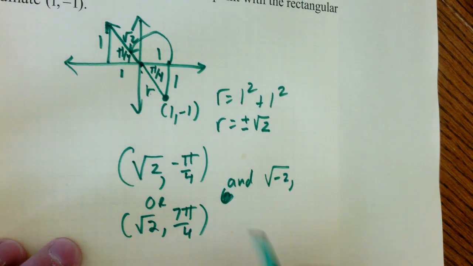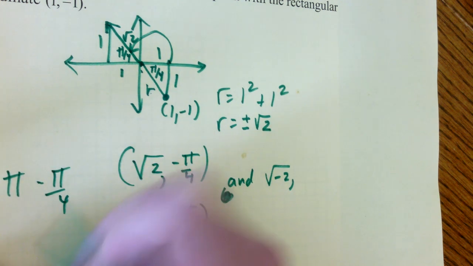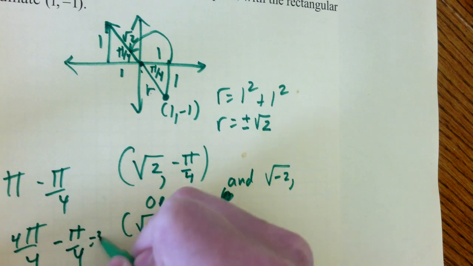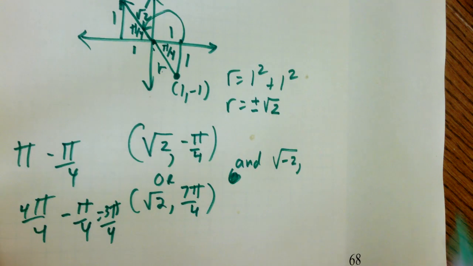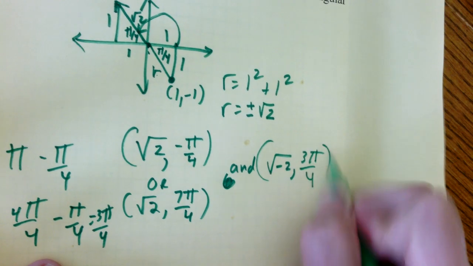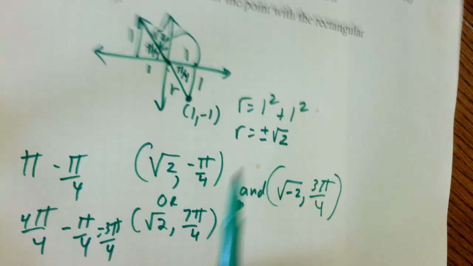So if you want to convert that, you do pi minus pi over 4. Get a common denominator, and you get 3 pi over 4. Again, most of the time on the Canvas assignments, you only need to find the positive one, so it'd be one of those two answers. So that's how you convert those.